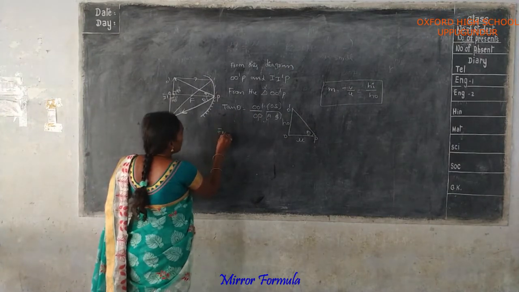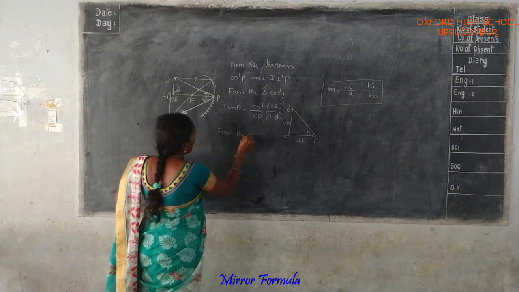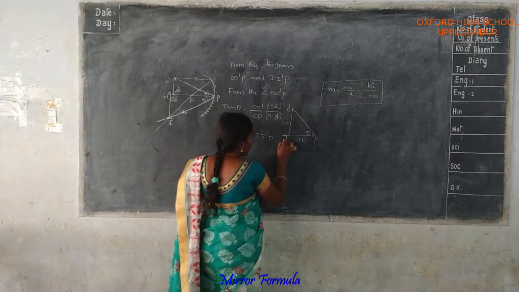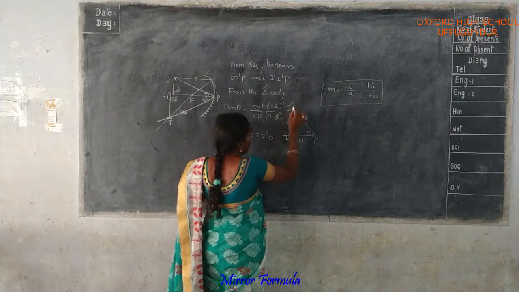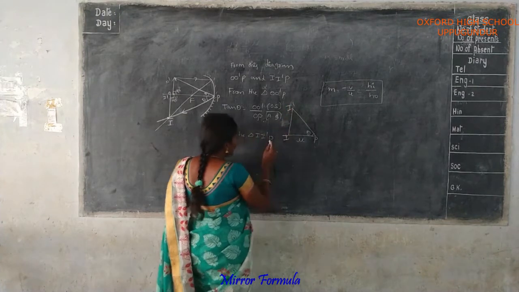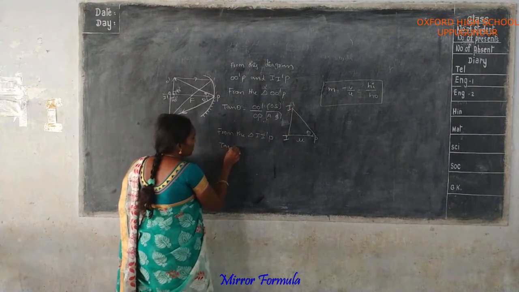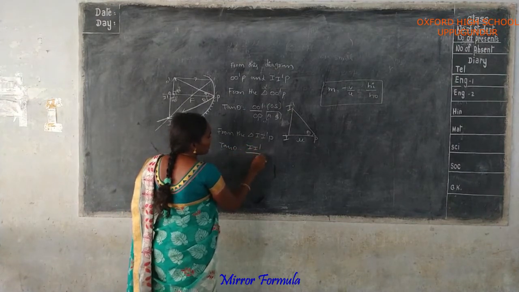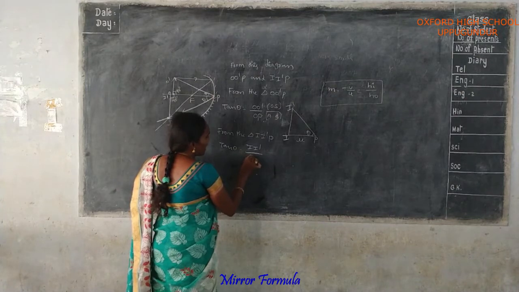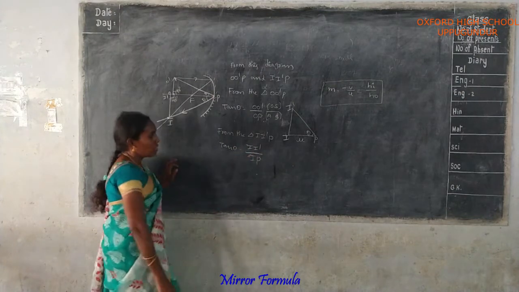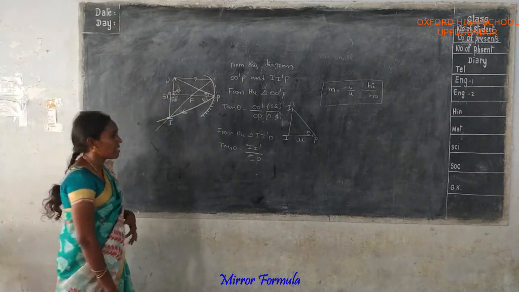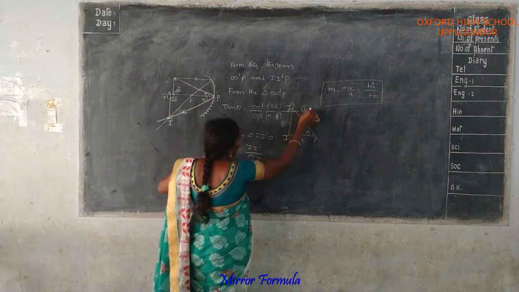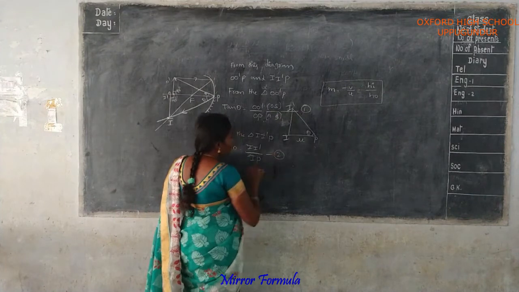Next, from triangle I dash P, here also tan theta is equal to I dash by IP, opposite side by adjacent side. This is equation number 1 and this is equation number 2.